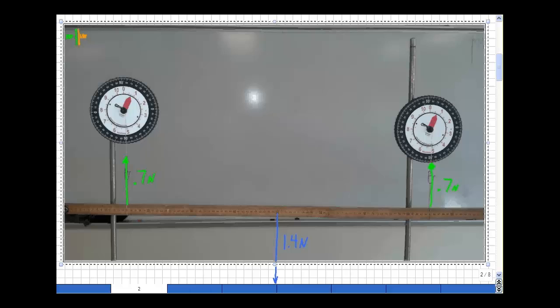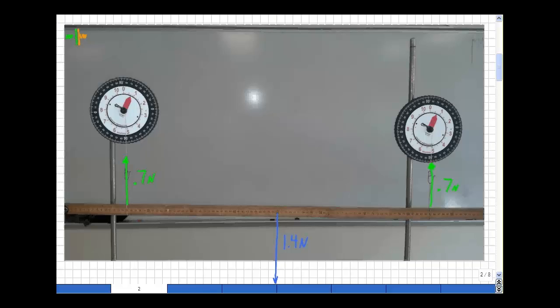So let's say Mr. Heckman comes along and he cuts one of these two strings. So let's say he cuts this string right here. What would happen? Ask yourself. Well, sure, obviously, the weight over here would pull down, and since there would be no 0.7 newtons pulling up any longer, this thing would rotate in the clockwise direction.